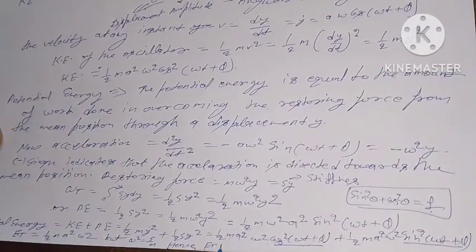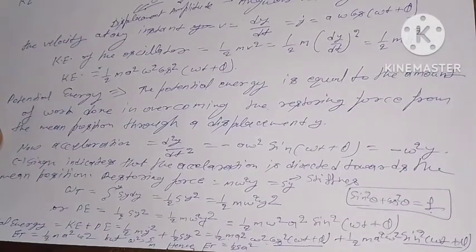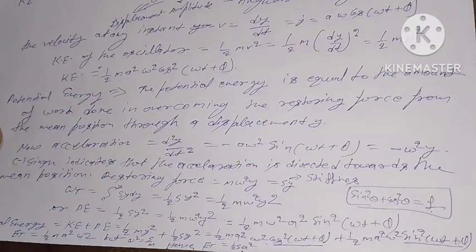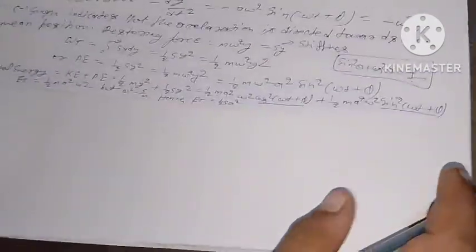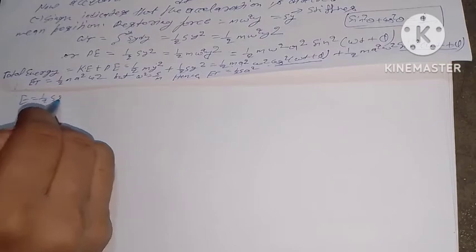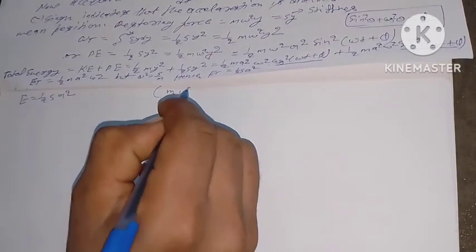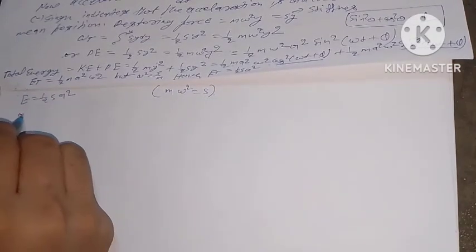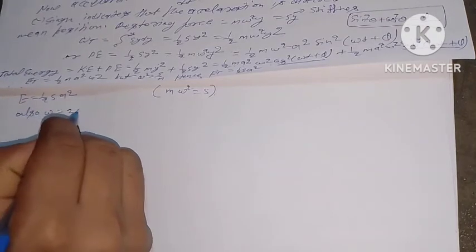Hence total energy E equal to 1 upon 2 S a square, because m omega square equal to S. Okay, then also omega equal to 2 pi n.